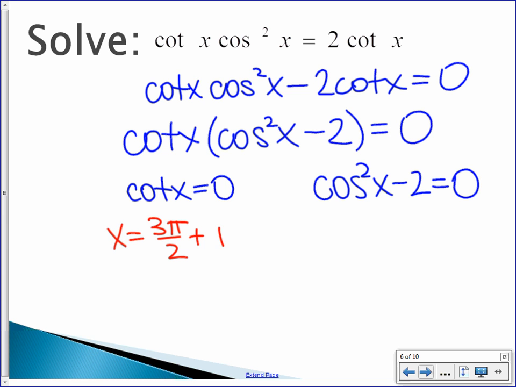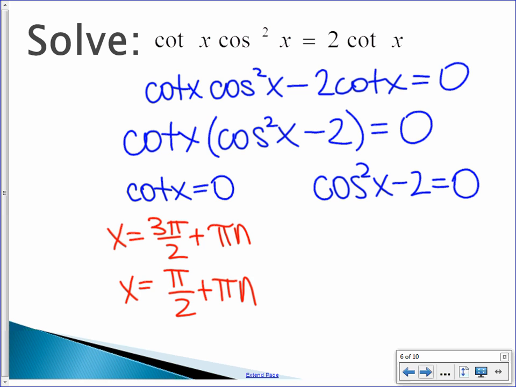Good. Pi over b. So we're going to write pi n. Tangent and cotangent, you're going to add pi n. Okay? Is there another place where cotangent is 0? Amanda, is there another place? Pi over 2. Good. Pi over 2 plus pi n.